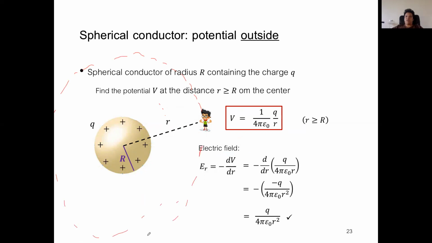Using the Gaussian surface outside from Gauss's law, we find that E times 4 pi r squared is equal to Q over epsilon 0, and we get E equals Q over 4 pi epsilon 0 r squared.